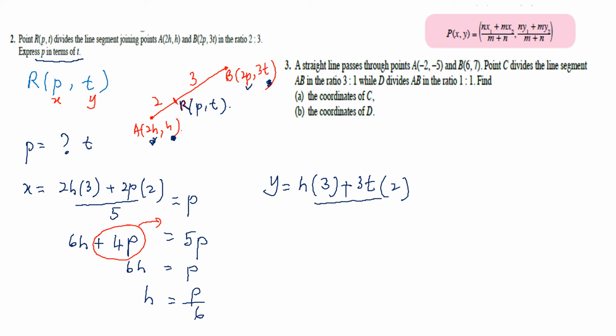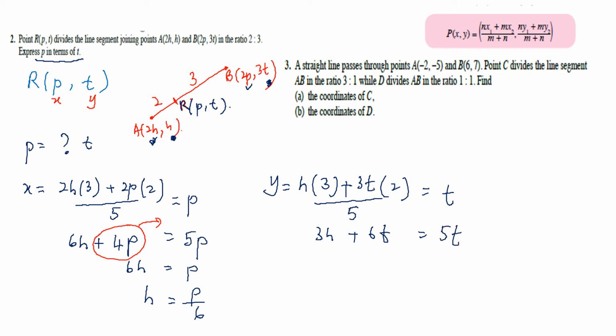Then all divided by 2 plus 3, which is 5, equals the coordinate of Y, which is T. So we simplify and get 3H plus 6T, then bringing this over gives 5T.